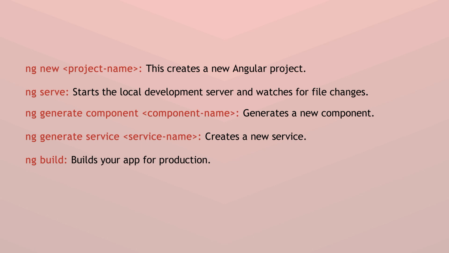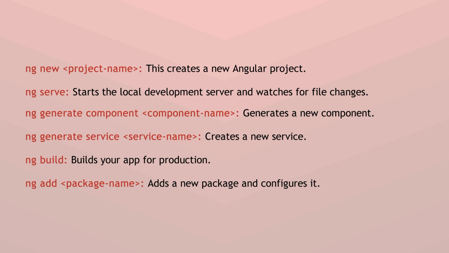Also, we mentioned environment files. We can create different environment files, and we can specify that while using the ng build command and build our application based on some other configuration that we have, for example, for staging, development, and testing, and so on. ng add followed by the package name adds a new package and configures it.